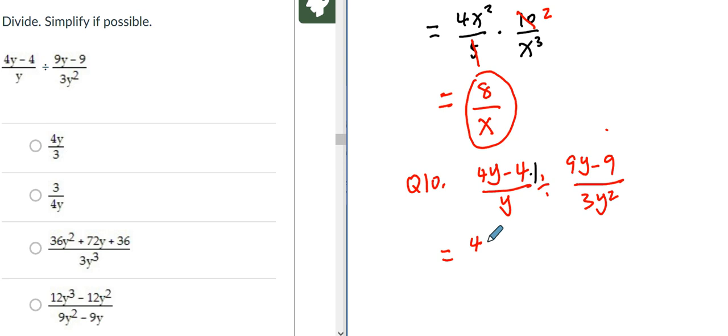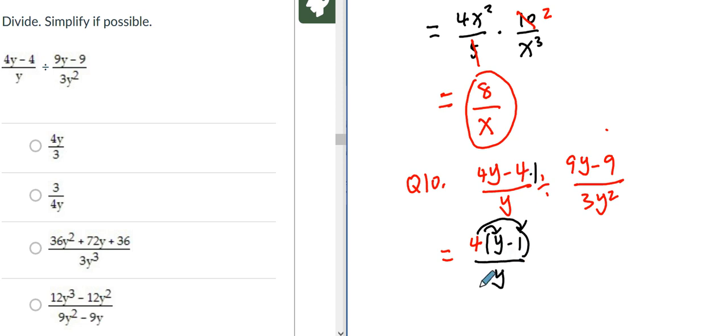When we take 4 out, we then have a y minus 1 there. Y minus 1, not 4. So 4 times y is 4y. 4 times negative 1 is negative 4.